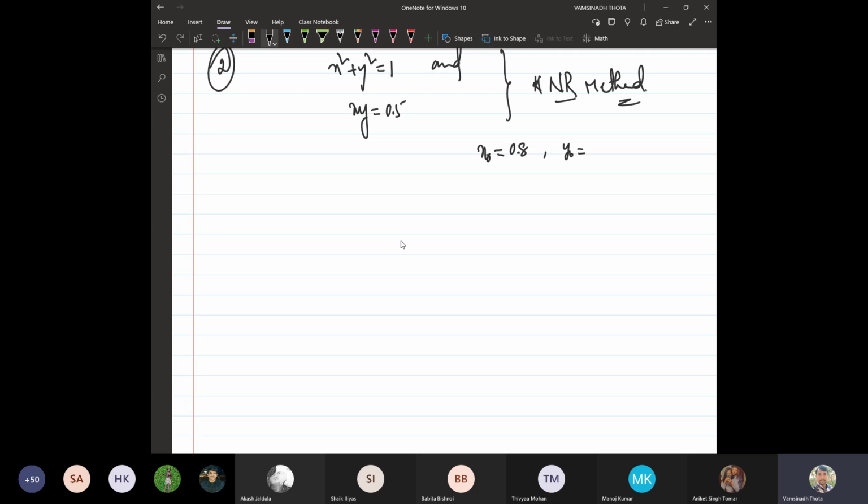Take 0.6. Is it an exact solution? 0.8 square means 0.64 and 0.36, so you will get 1 here. Then you do one thing: let us make this 1.2. This is the initial guess for this.